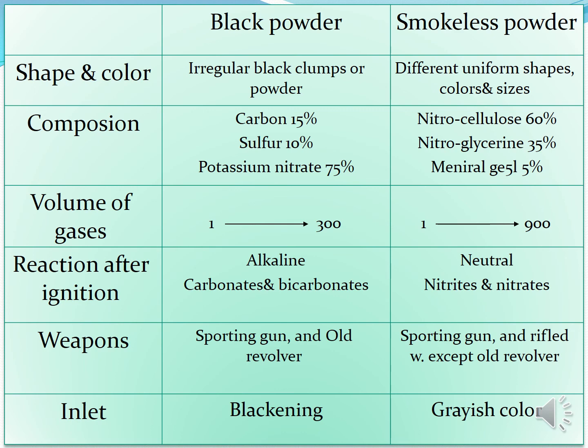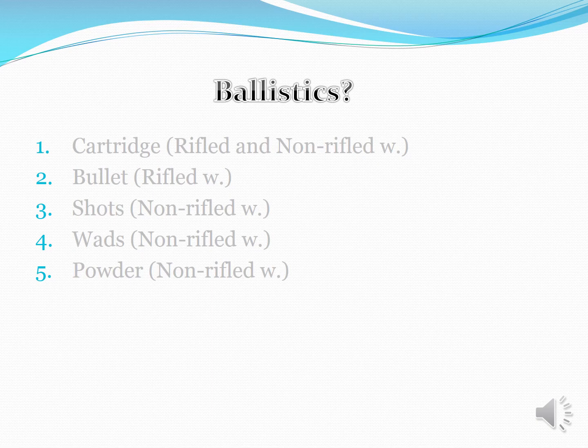Comment as in your practical book. Specimen is black or smokeless powder. Any question: composition, shape, type of weapon, the amount of gas, as in this table. We finish all ballistics specimens.